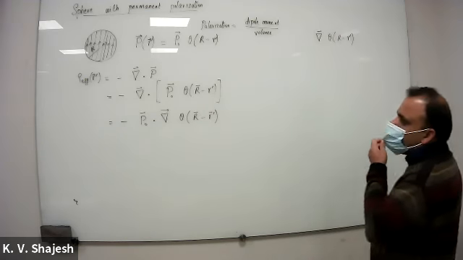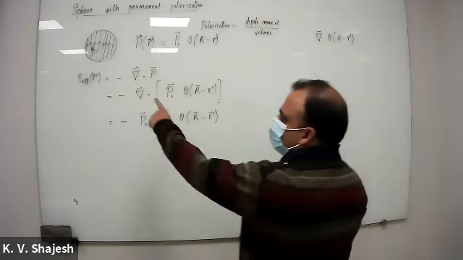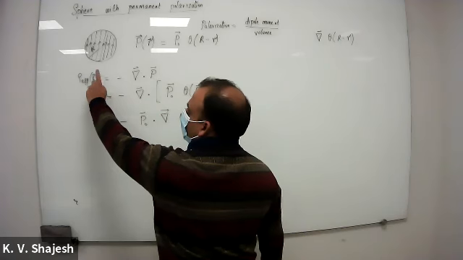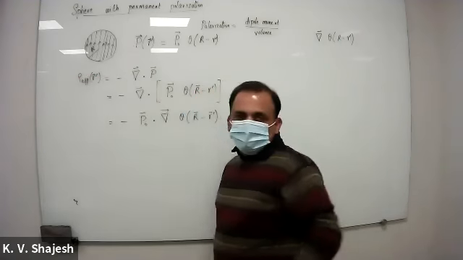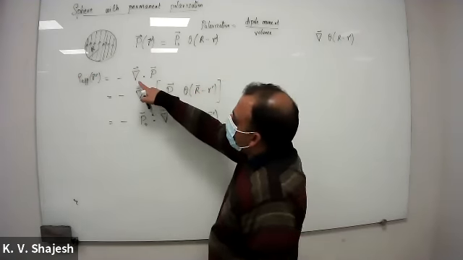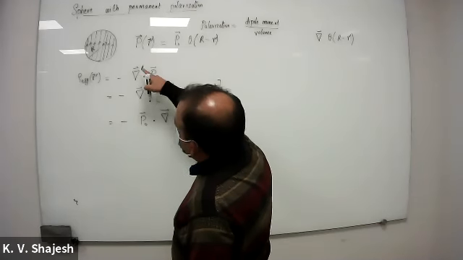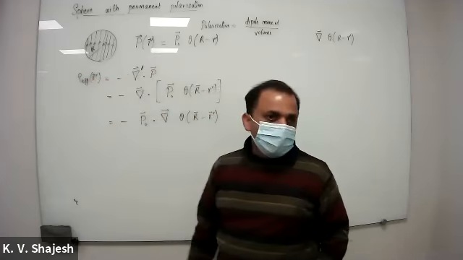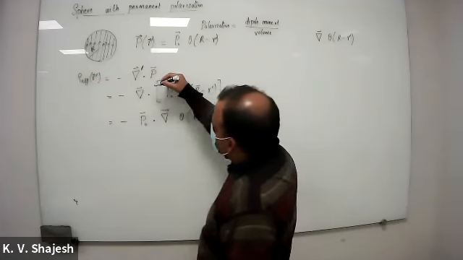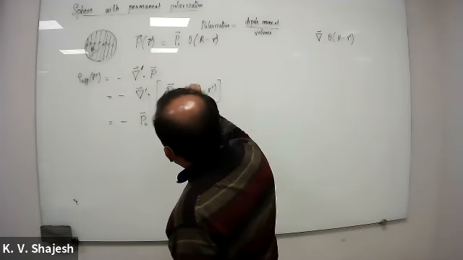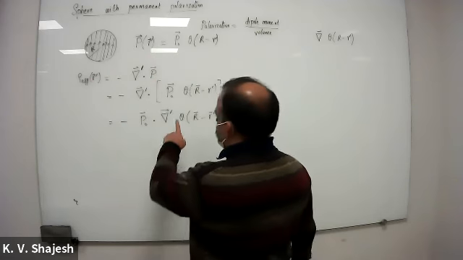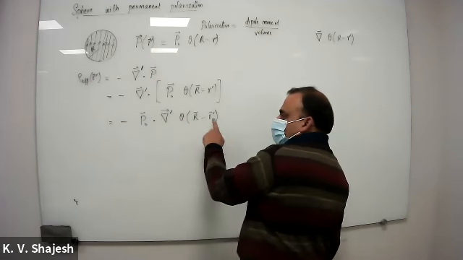And I should actually be a little careful since I said this is r prime. Right? I'm pretending all these are sources. So this gradient here should be primed. So this is the derivative with the primed variable. And the same thing here, and the same thing here. That means to say that this is d by dr prime.